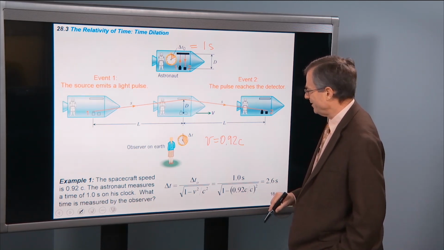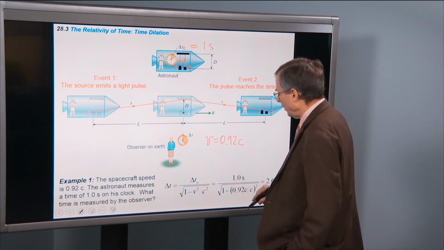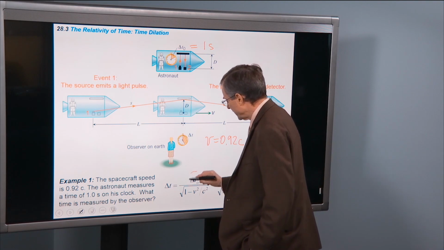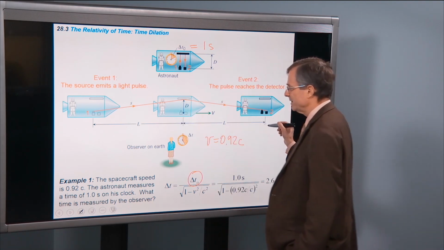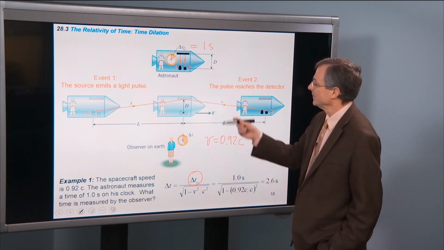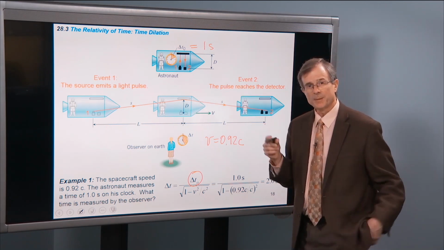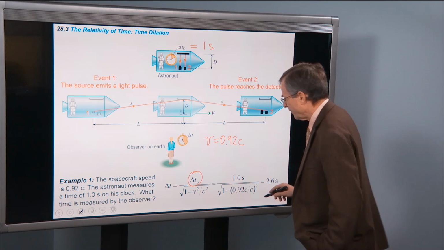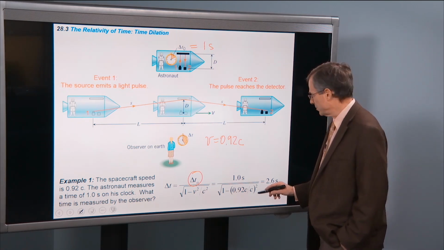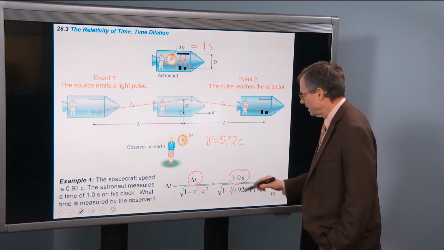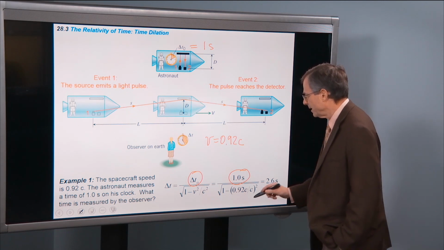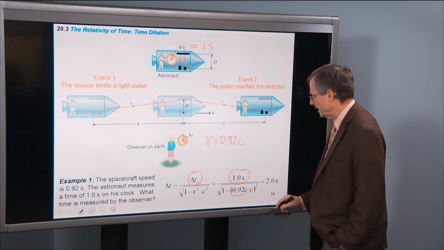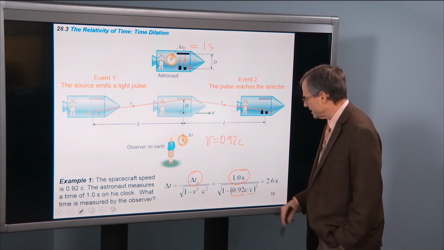between these two events? Well, we know that delta t naught between these two events is the proper time, measured by the astronaut because the two events occur in the same place. And then we just have to divide through by the square root of 1 minus v squared over c squared. We know that delta t naught is 1 second, v is 0.92 c, but we've got to divide by c.